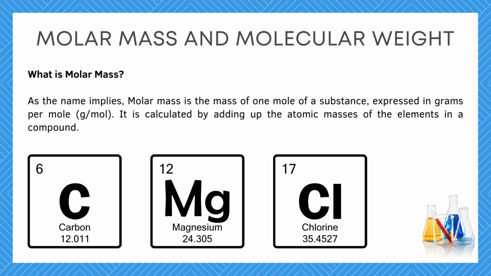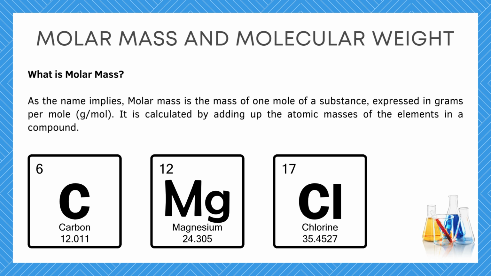As the name implies, molar mass is the mass of 1 mole of a substance expressed in grams per mole. So when you measure 1 mole of a substance, whatever the mass is called its molar mass. It is calculated by adding up the atomic masses of the elements in a compound. Now you can see on the screen, I have some examples of the atomic masses of some elements, carbon, magnesium, and chlorine.